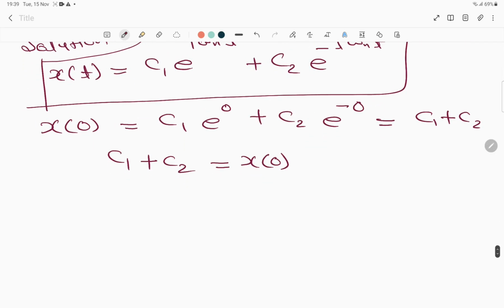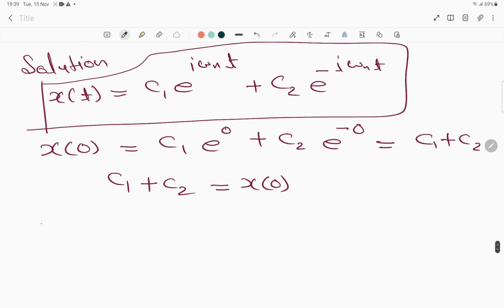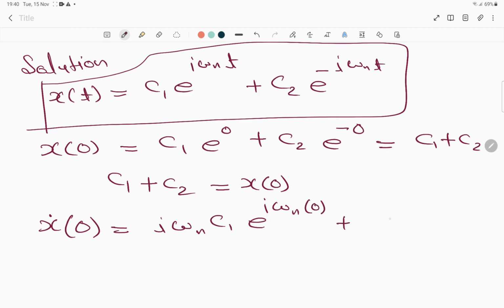Now if I differentiate this solution that I have got, and simultaneously I put t is equal to 0 over here, then I am going to get this. And then minus i omega, let me write over here, c2 e power minus i omega n, and 0 over here.